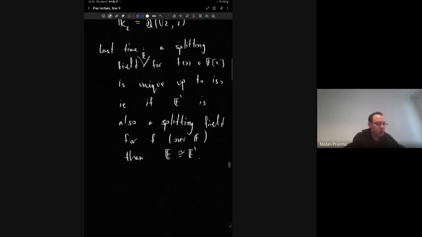So, the splitting field is unique up to isomorphism. Now, using this fact, we are going to classify all finite fields very easily. But I need one more ingredient. Let me call it an observation.